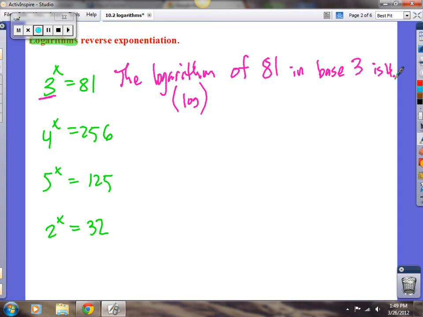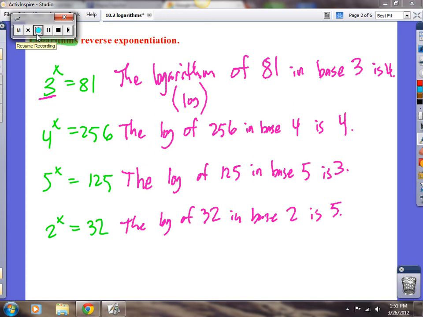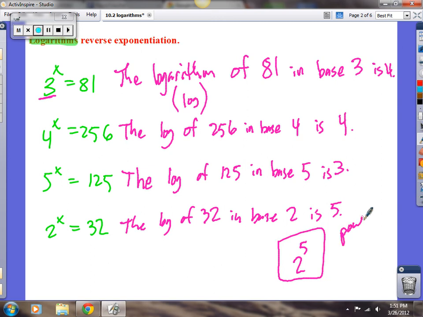Okay, try the rest. Write the rest in English. Let me pause it. The base. What does the base mean? It's the number that's going to be the base of the exponent. Look at this guy right here. If you have 2 to the 5th, that whole thing is called the power.